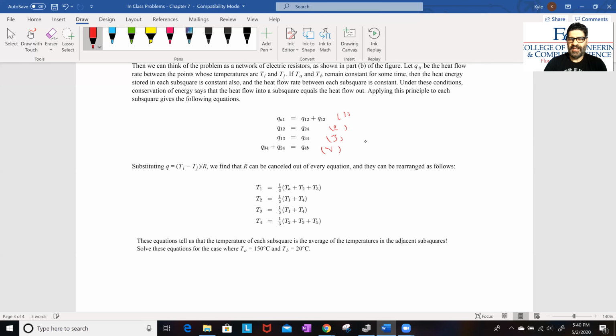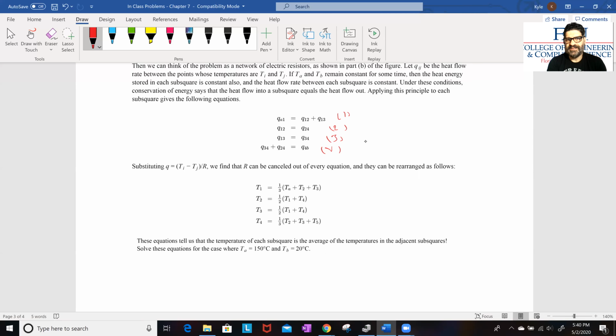Since QA1, which is the heat coming into the first quadrant, is equal to Ti minus Tj over R, in this case TA minus T1, we can rewrite these.